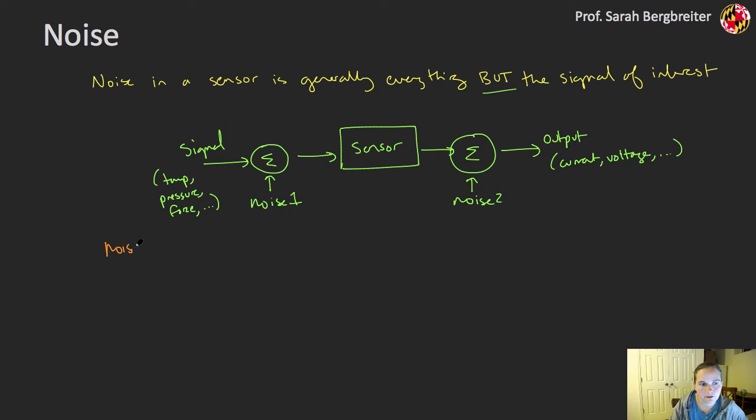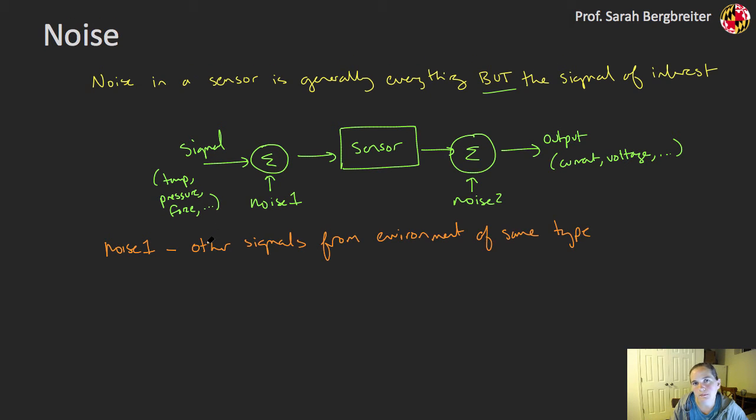Okay, so this first noise source that comes into this with the signal, right? So it should ultimately have units with the signal units here. And that could be due to a variety of other things going on in my environment.